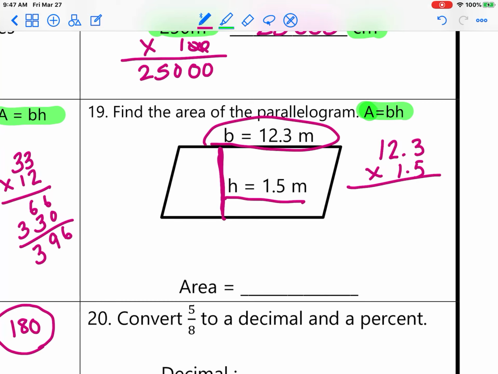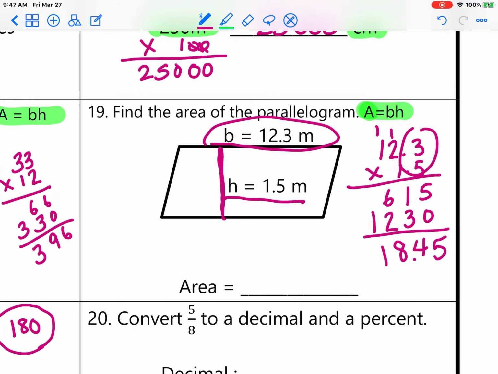Don't worry about the decimals right now. Just multiply. 5 times 3 is 15. 5 times 2 is 10. Plus 1 is 11. 5 times 1 is 5. Plus 1 is 6. Don't forget your 0 placeholder. 1 times 3 is 3. 1 times 2 is 2. And 1 times 1 is 1. Everything's lined up nicely. That's 5. That's 4. That's 8. That's 1.